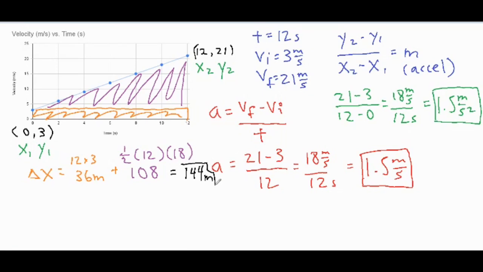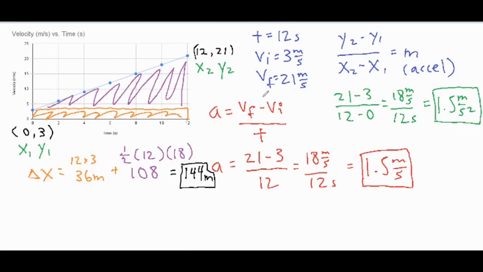And then I get 144 meters for my delta x. So that's a graphical method. You're basically looking at the area in between your curve and the x-axis. So it can dip underneath and give you a negative delta x, showing you that you're moving back in the other direction.